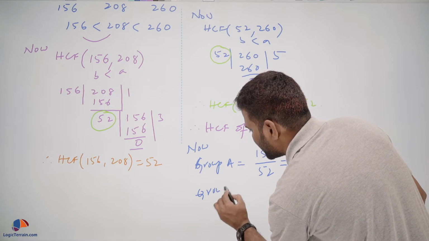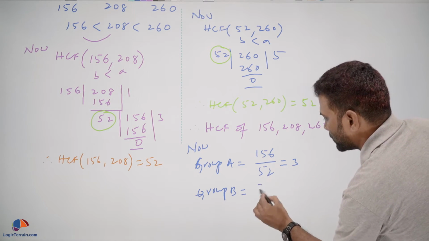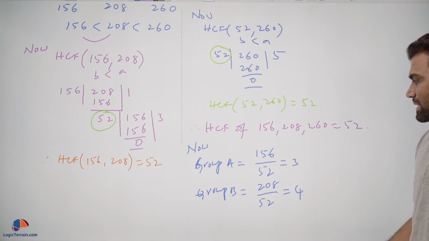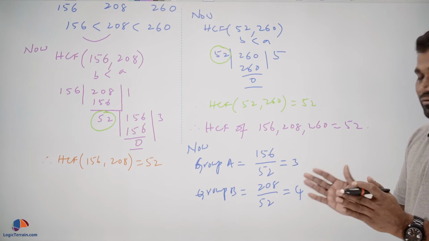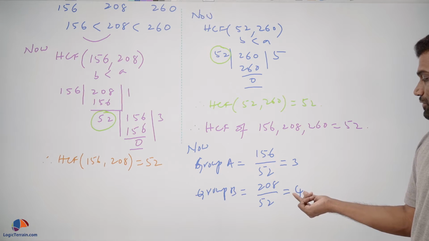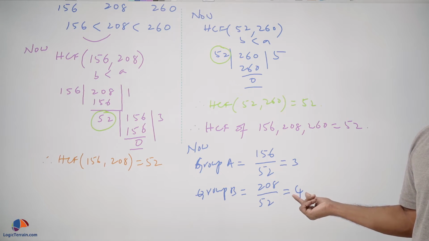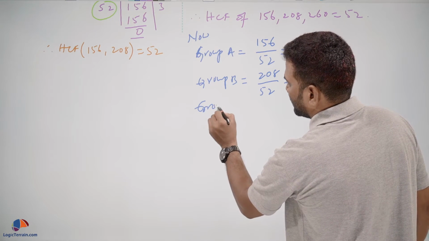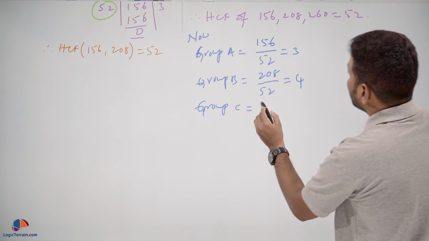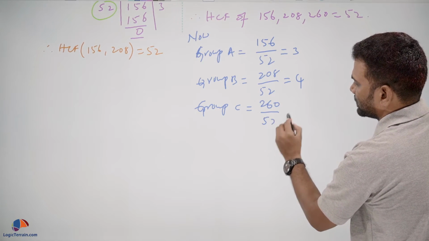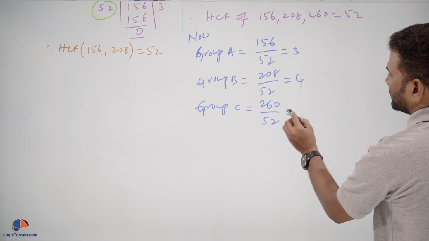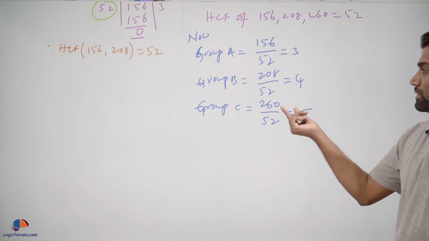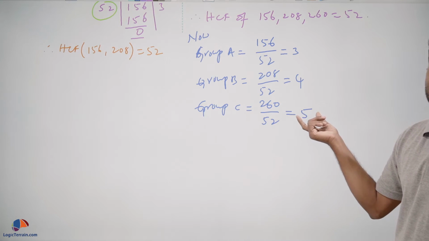For group B, we have 208 upon 52. So how many times? 4 times, which means group B can be divided into 4 groups of equal number, and therefore group B requires 4 buses. And for group C, that is 260 upon 52, this becomes 5 groups of equal number, therefore group C requires 5 buses.